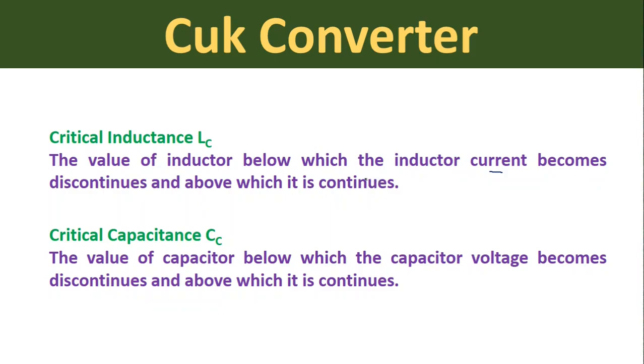That type of inductance value is called critical inductance and it is represented by LC. And what is critical capacitance? The value of capacitance below which the capacitor voltage becomes discontinuous, and above this value the capacitor voltage becomes continuous in nature. That type of capacitance value is called critical capacitance.